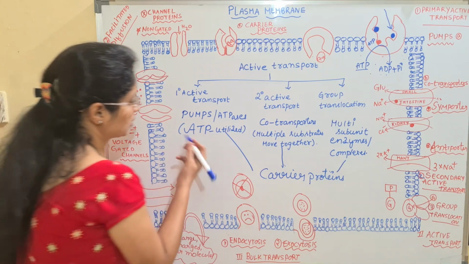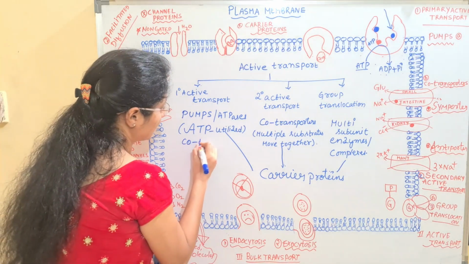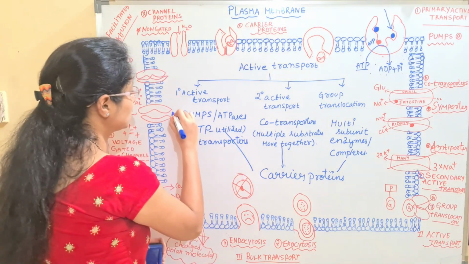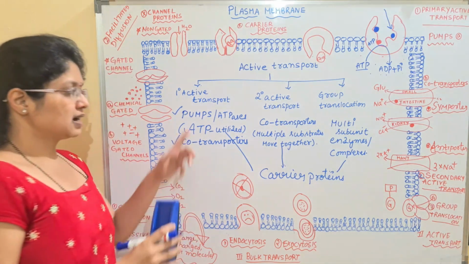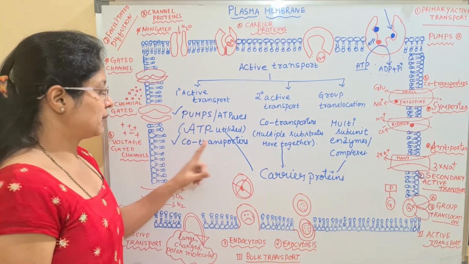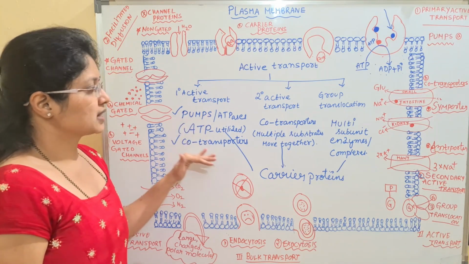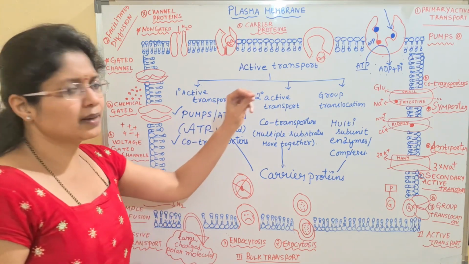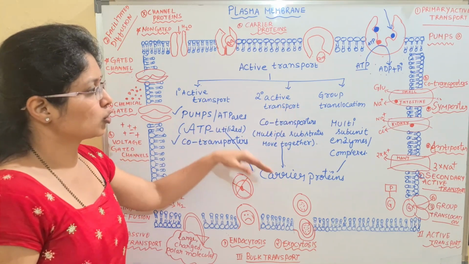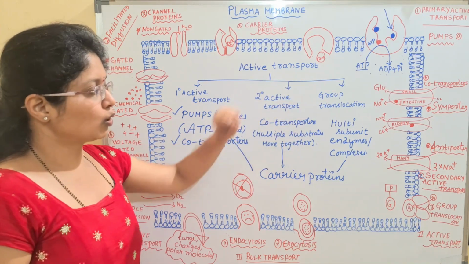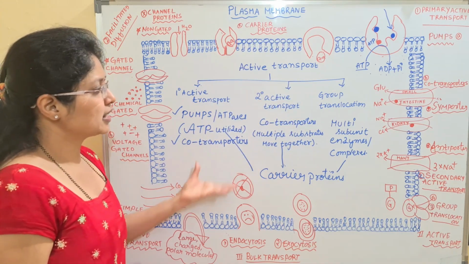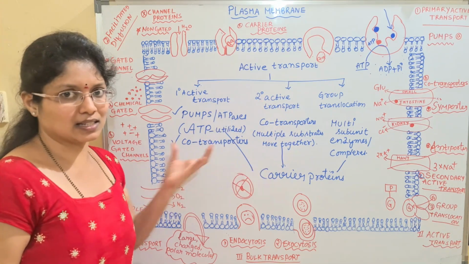Along with pumps, we have co-transporters. So two types of proteins will be seen, and I will clearly explain each and every concept. When I discuss all those concepts, it will be very easy for you to understand this classification.